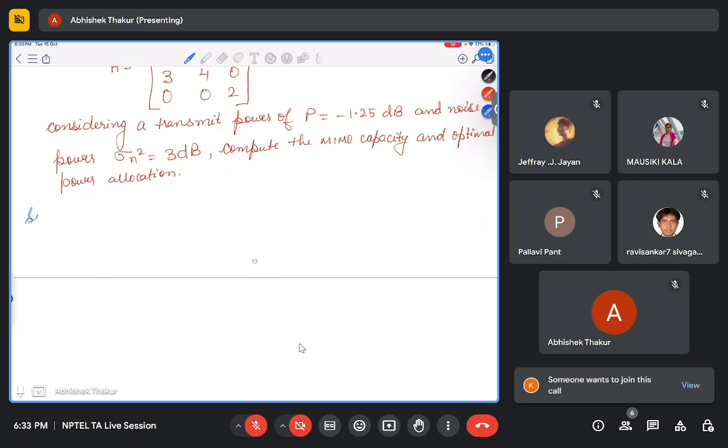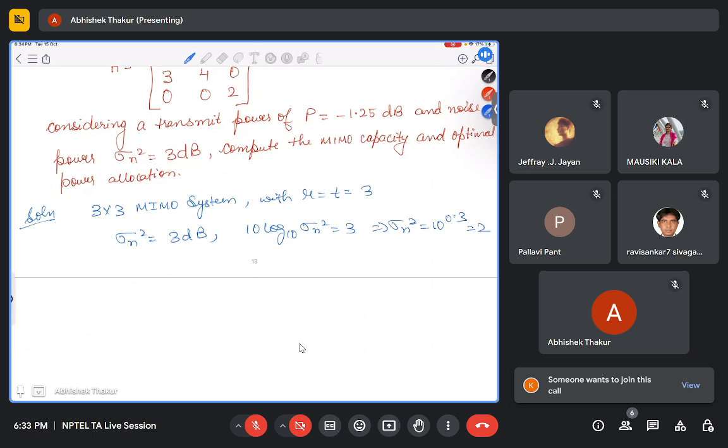Like in this question, a 3 cross 3 MIMO system is given, with the number of receive antennas equal to the number of transmit antennas, that is 3, and the noise power is given as 3 dB. So that is equal to 10 log 10 of noise power equals 3 dB, so we will get 10 to the power of 0.3.